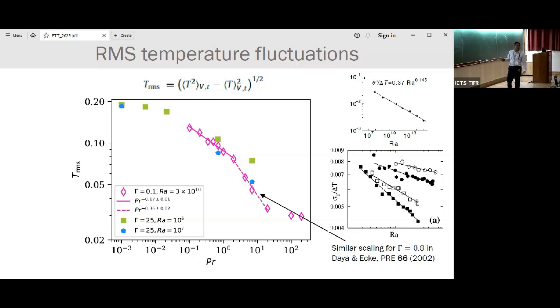And this decreases with increasing Rayleigh number. By the way, we also get Rayleigh number dependence from our data, and TRMS decreases. So basically, the message of this, and here's the data from Sreeni's Nature paper, TRMS decreases all the way up to 10 to 15 or so. So this particular characteristic is very similar in the slender cell to that in extended cells.